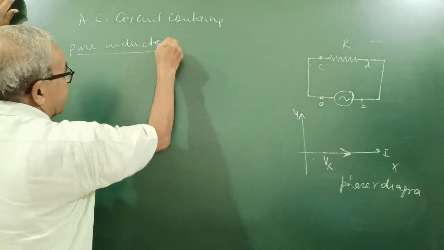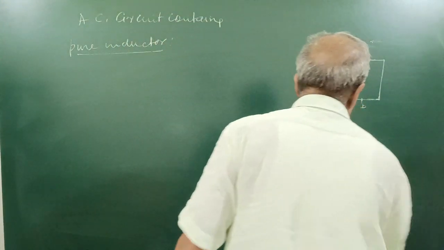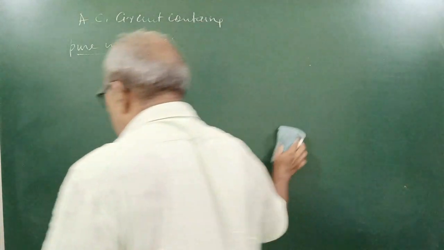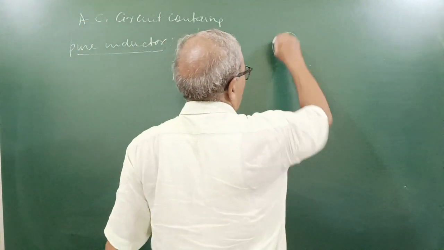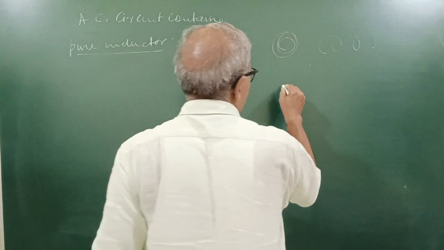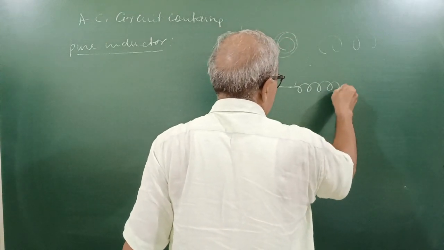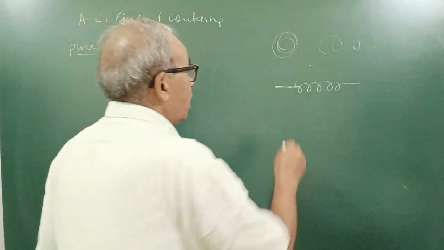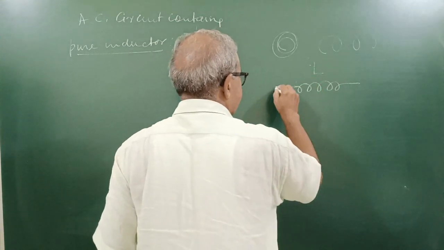What is an inductor? A solenoid or any conductor in the form of a coil. Maybe like this or maybe like this solenoid. But we represent an inductor by a symbol. The symbol of an inductor is this. Unit of inductance, do you remember? Henry. L, inductance, coefficient of inductance. L, pure inductor.